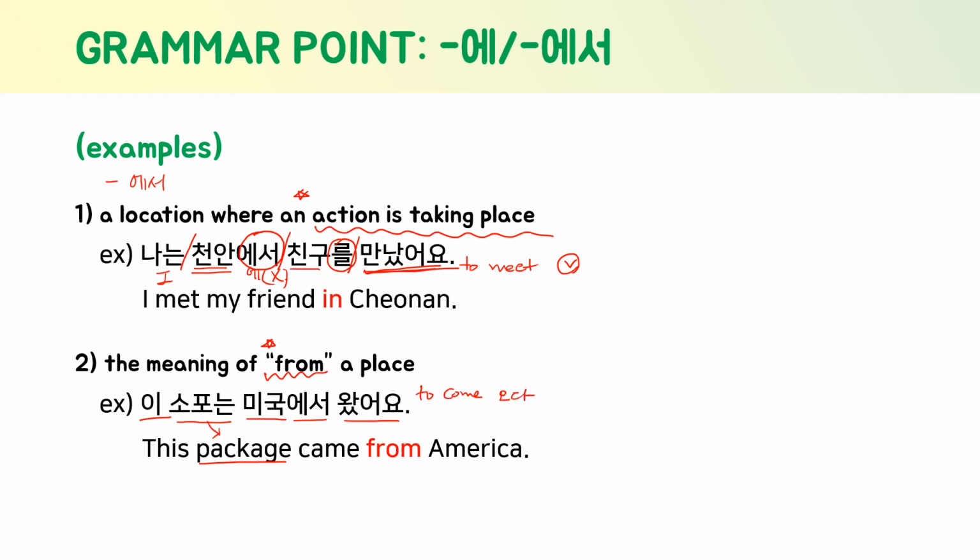So 이 소포는 미국에서 왔어요. This package came from America. So here, 미국에서 왔어요 shows the meaning of from a place. It shows the meaning of from in this sentence.